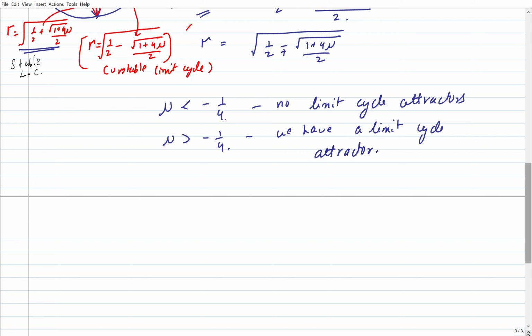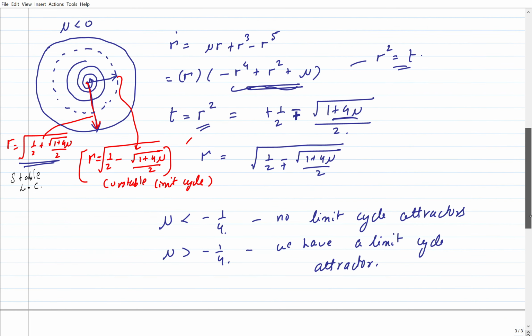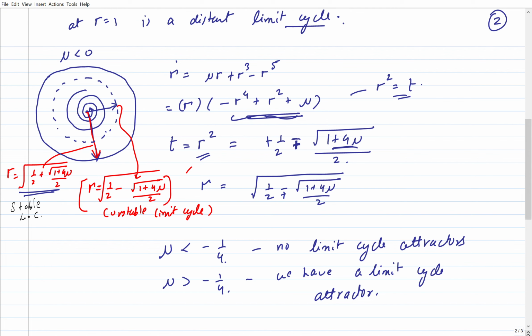And what really happens? This is the picture at mu less than 0. I have a stable fixed point. I have a stable limit cycle, so all the trajectories will come and hit this stable limit cycle over here.